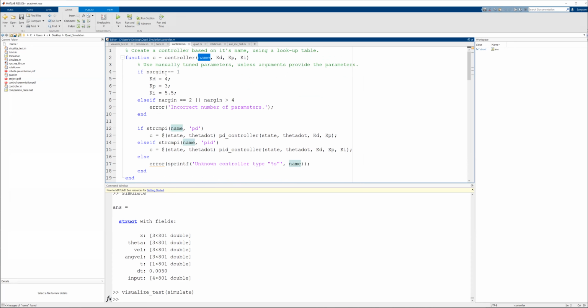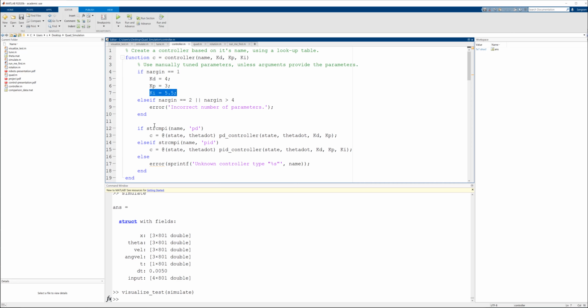If we don't supply any argument for controller, if the number of arguments is equal to 1, then it will just go basic PID control, and it will use the basic values KD is equal to 4, KP is equal to 3, and KI is equal to 5.5. Are these the correct values? No, they could be different for different quads.